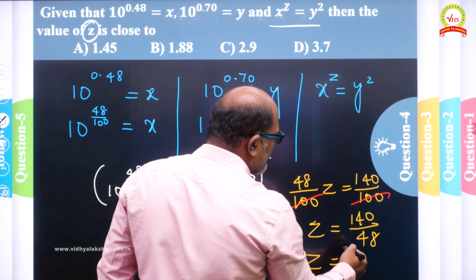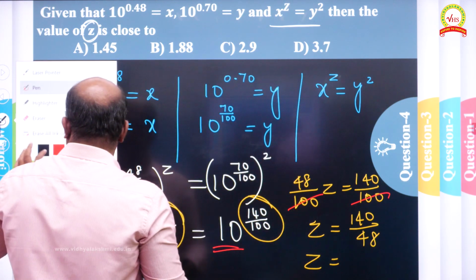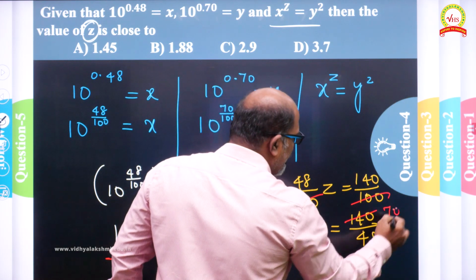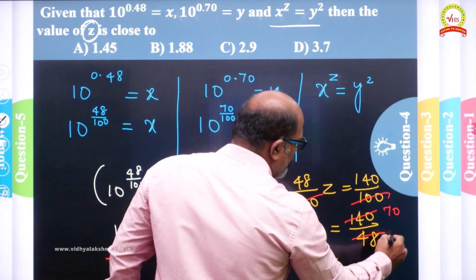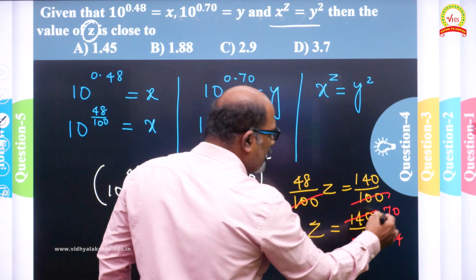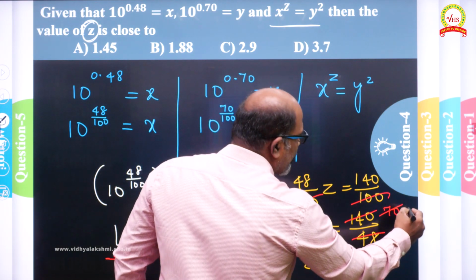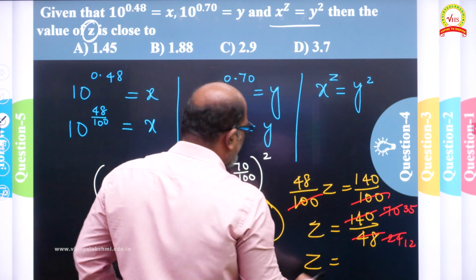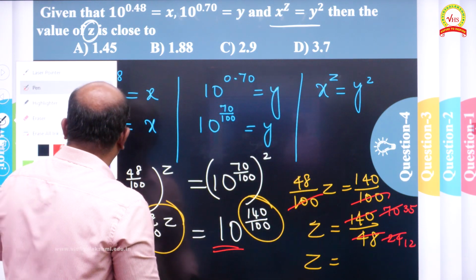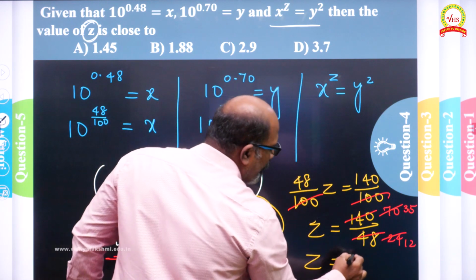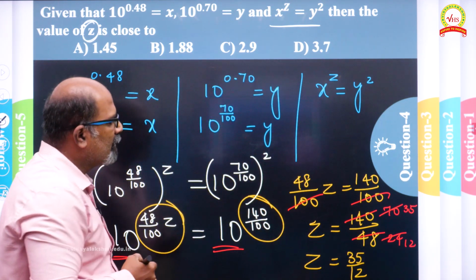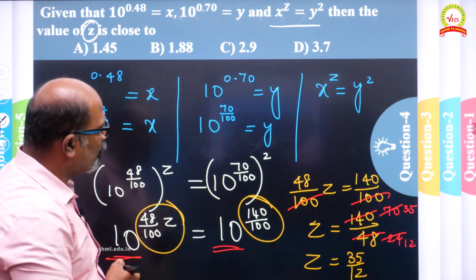We can make cancellation with 2, so that you will have 70 here and 24 here. Furthermore it is again cancelable, so we can have 35 and here you will have 12. So the final simplified one we are having is 35 by 12.